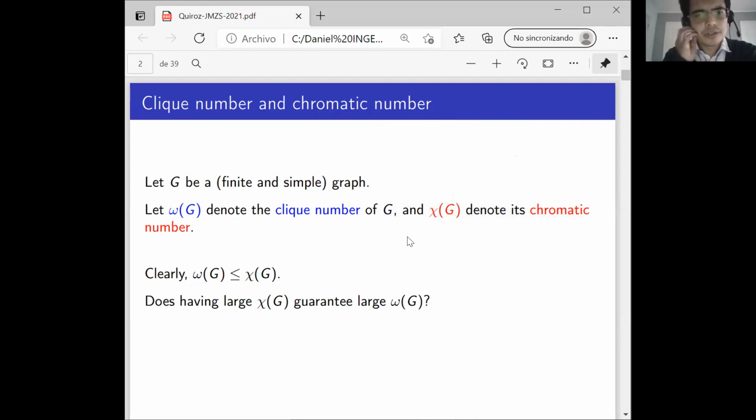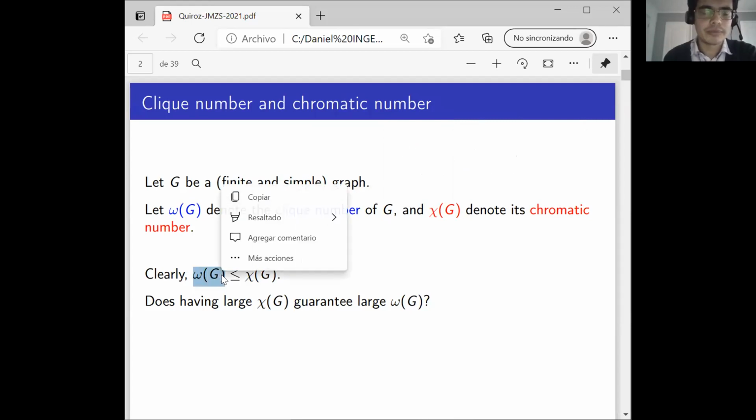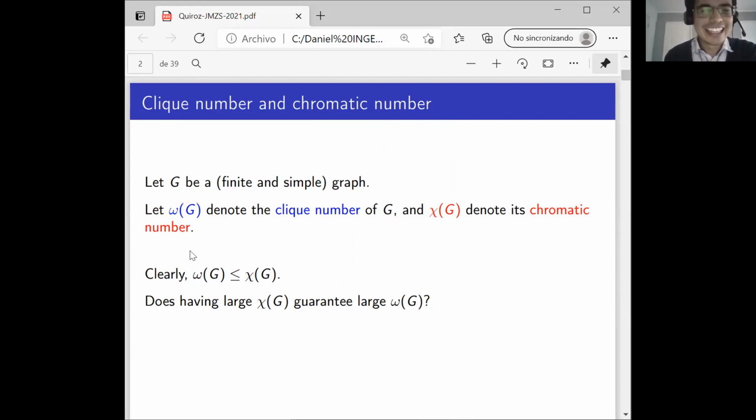A trivial lower bound for the chromatic number is omega of G, because if you have a subgraph which induces a clique, then you need to color each vertex with a different color.